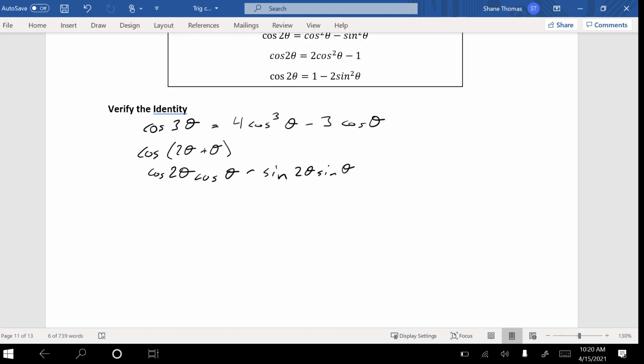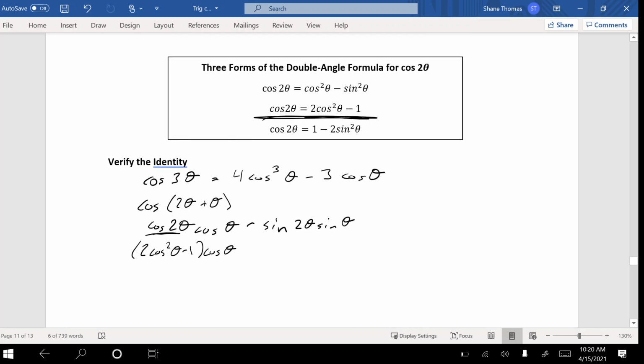I'm going to replace this with 2 cosine squared of theta minus 1 times the cosine of theta. Where did I get the 1? Used it right here.